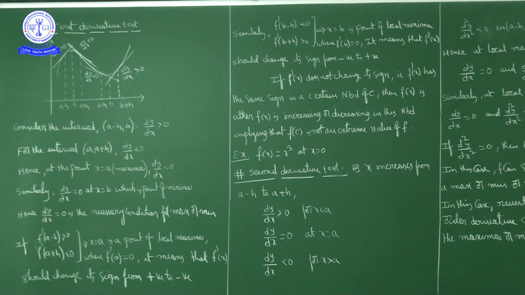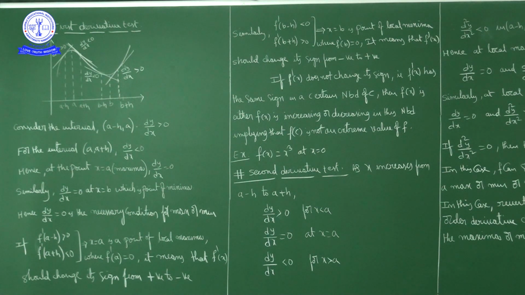Now if we observe here, as x increases from a minus h to a plus h, in the interval a minus h to a plus h, dy by dx is positive in the interval a minus h to a. So dy by dx is positive for x less than a. x less than a means a minus h to a.